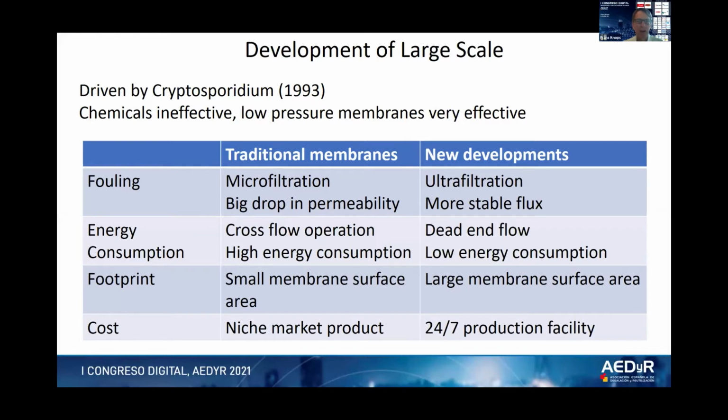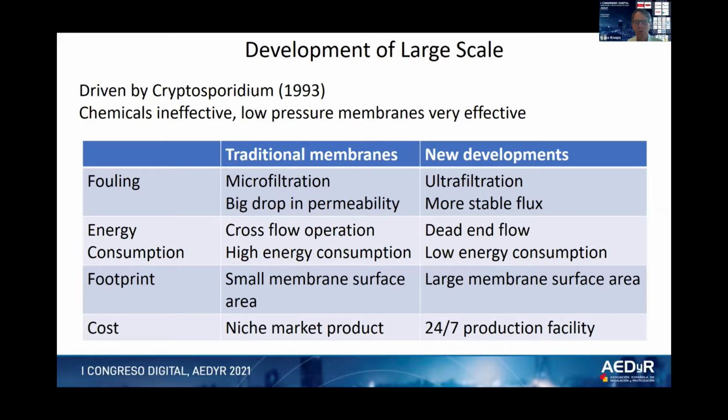Initially, microfiltration membranes were tested, the same microfiltration membranes that were used in pharmaceutical application. But what was noticed is that the traditional microfiltration membranes, although they operate from a process point of view satisfactorily, and did remove the cryptosporidium, had several disadvantages.